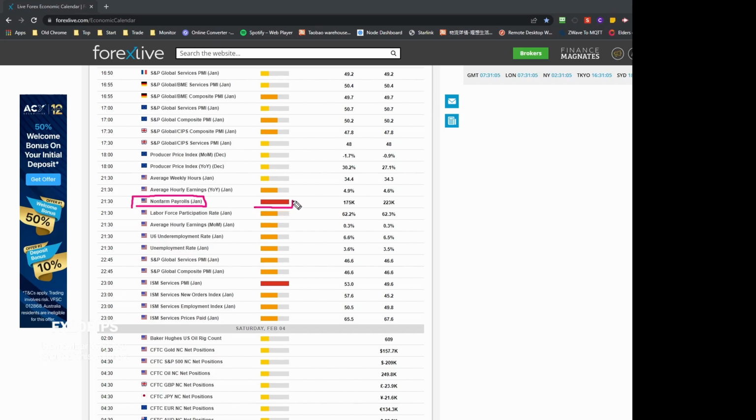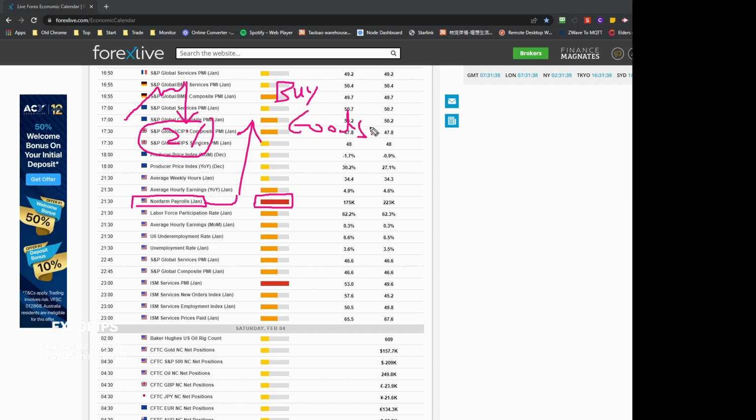This is the one that is giving Powell a bit of a headache because employment still goes up while he's trying to bring the inflation down to 2%. He will have a problem bringing it down when employment keeps going up and people keep buying goods.